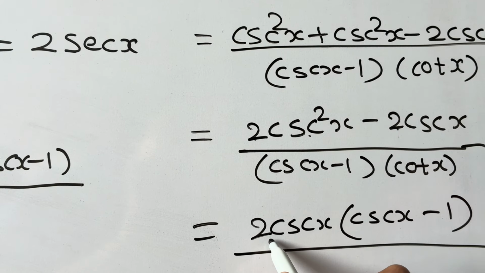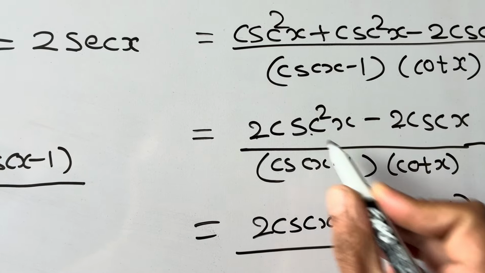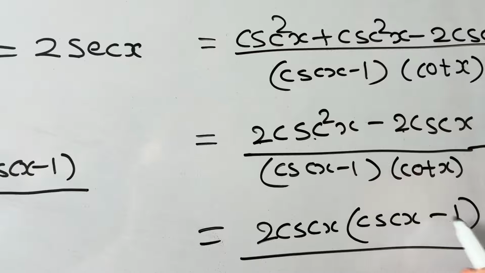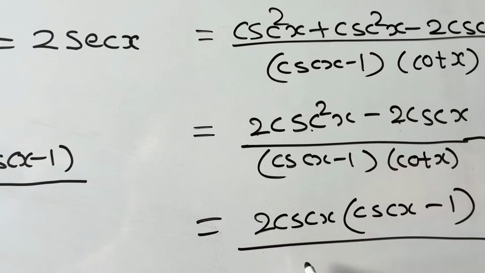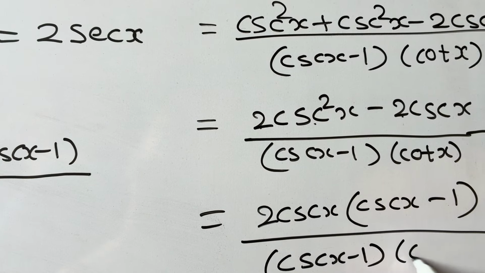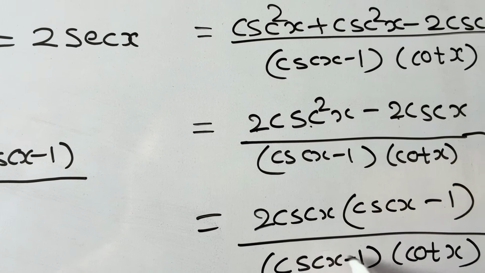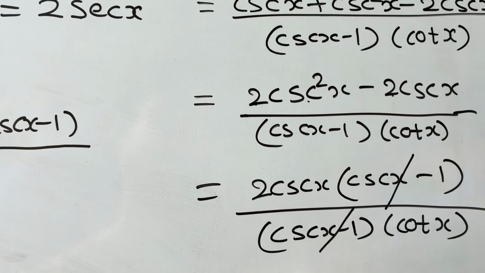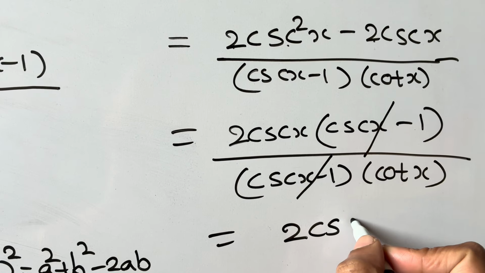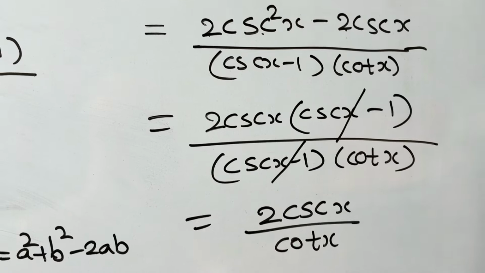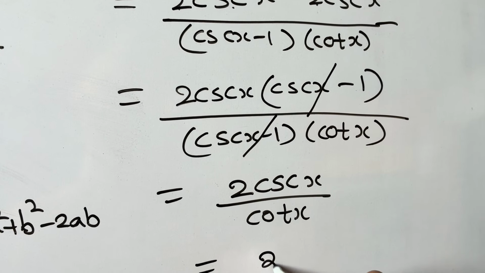This is because 2 times cosecant x multiplied with cosecant x gives me 2 cosecant square x. 2 cosecant x times minus 1 gives me minus 2 cosecant x. So I can write this over cosecant x minus 1 times cot x. So in my next step, we can cancel these two, and this leaves me with 2 cosecant x over cot x. Which is nothing but 2.